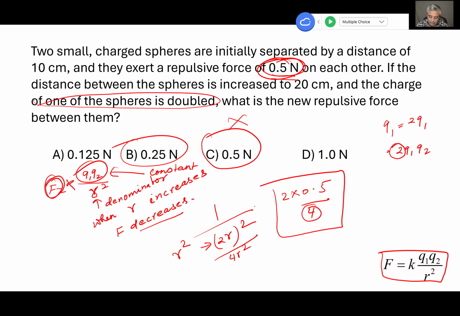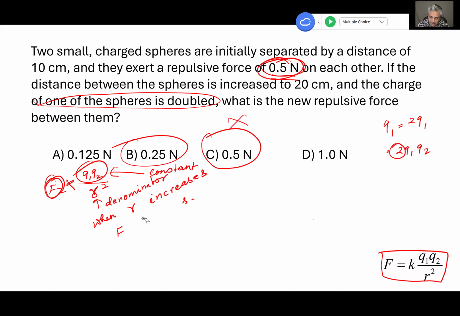So without plugging in numbers, we were able to calculate it, but you can also plug in numbers and get the answer if you like. You have to write the equation twice and divide one equation by the other, and things are going to cancel. So for example, at one point we have k q1 q2 over r squared, and now the new force is k times 2 q1 times q2.